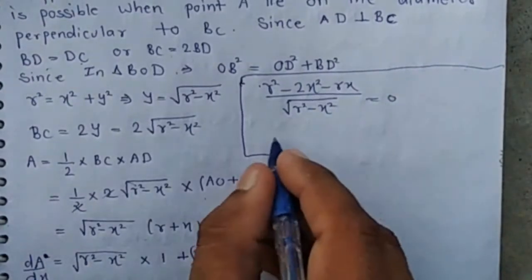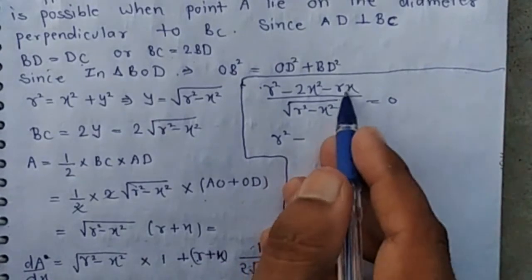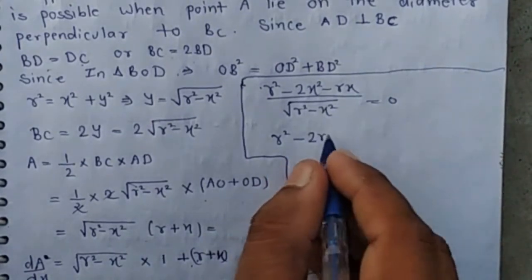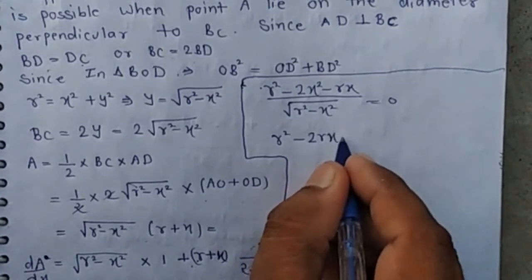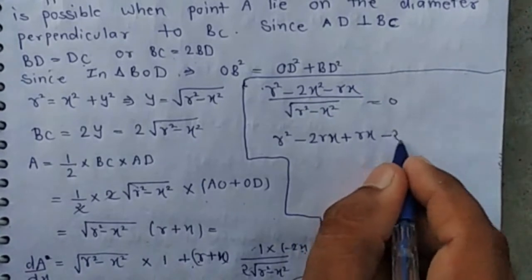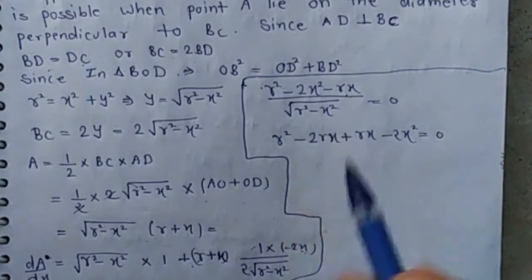Then we have R square minus 2x square minus Rx. Factorize this term: R square plus Rx minus 2Rx minus 2x square. We factorize the middle term, minus Rx.